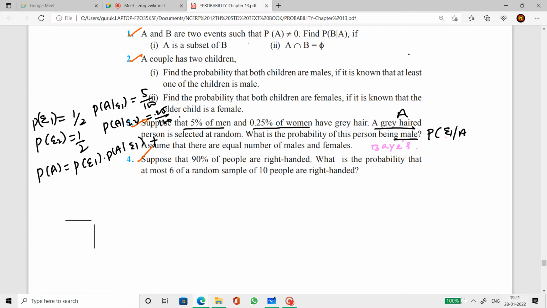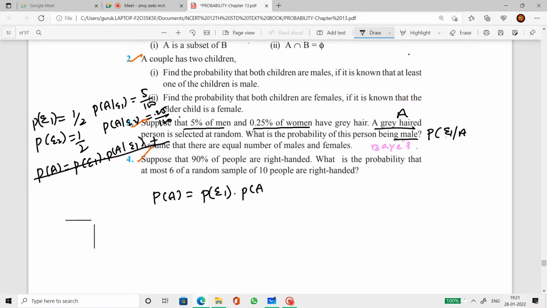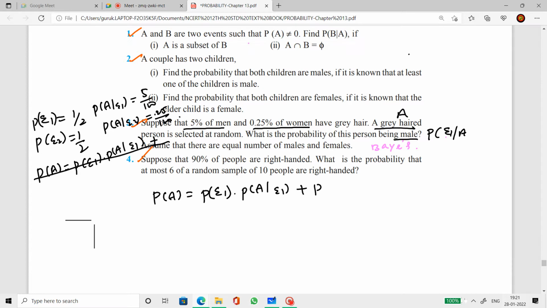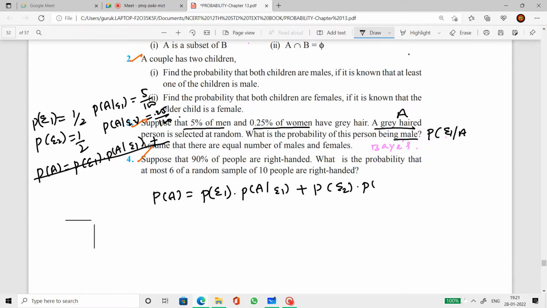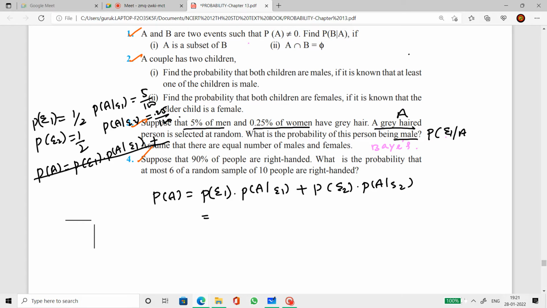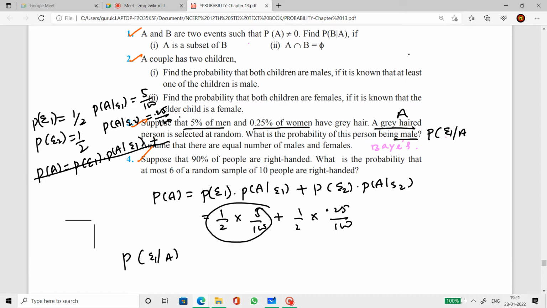So P of A equals P of E1 into P of A given E1 plus P of E2 into A given E2, which is 1 by 2 into 5 by 100 plus 1 by 2 into 0.25 by 100. And what they want us to find, E1 given A, will come in the numerator divided by the total probability. So that is the question.